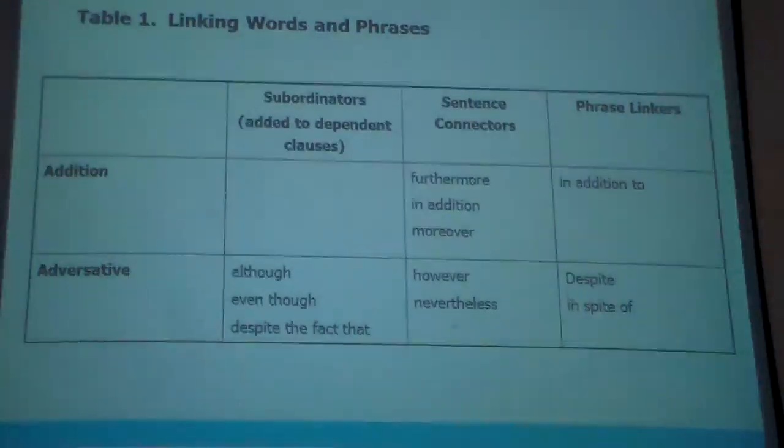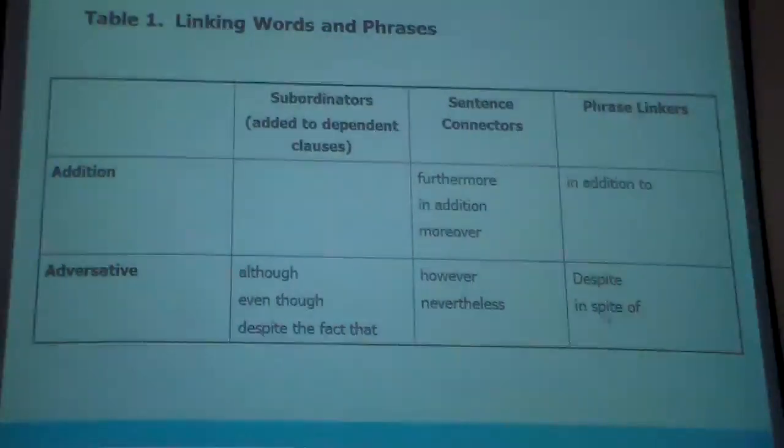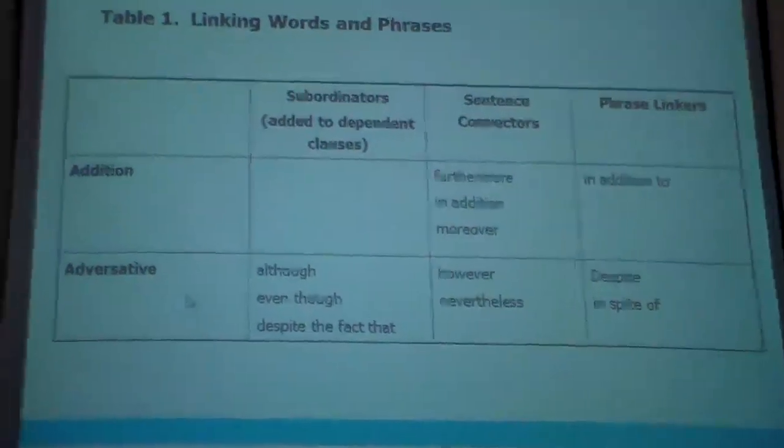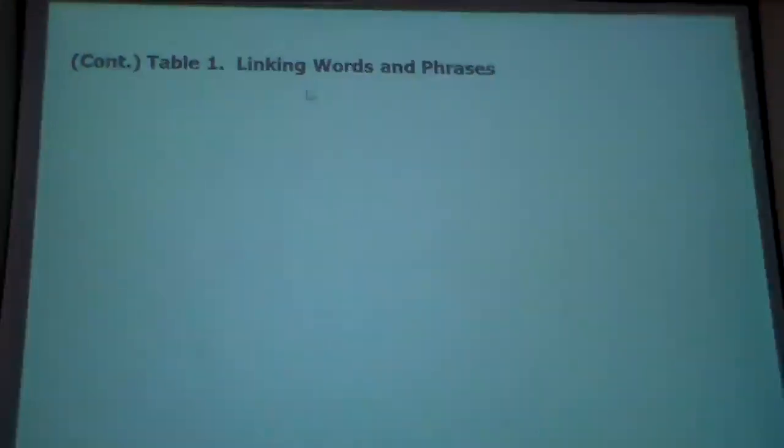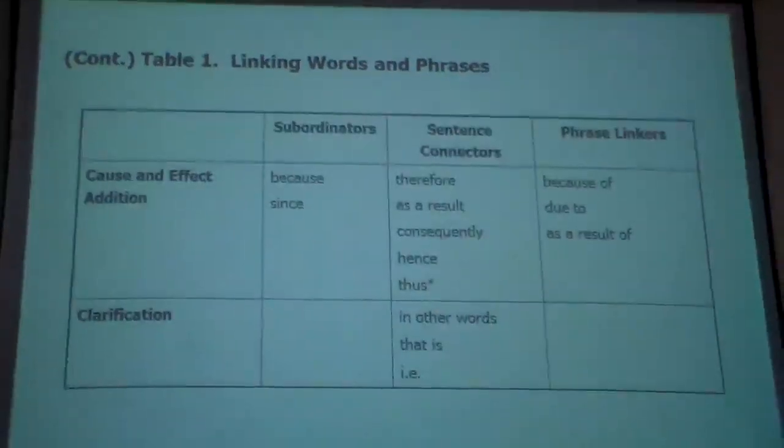They won't be of the same idea. In addition, you will add also here. This is used to link phrases. In spite of, these add adversatives, giving the opposite or the negative side. Linking words and phrases. Okay, this is number 2.